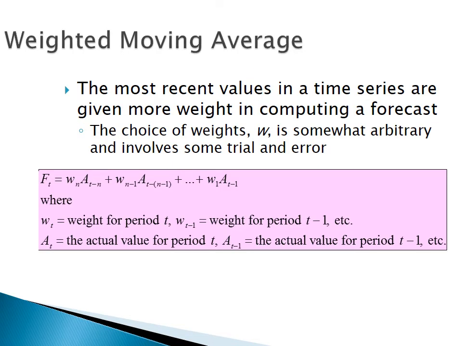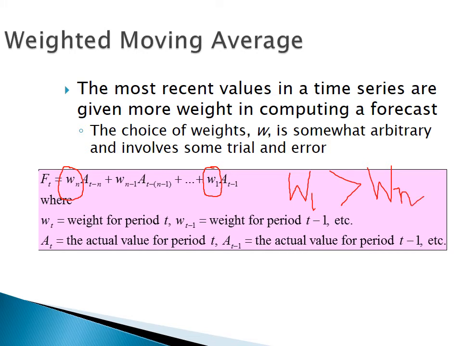In this technique of weighted average, what we do is assign some weightage to the actual records. What is most important is that the weightage assigned to newer records is more than the weightage assigned to older records. So W1 would be more than Wn.